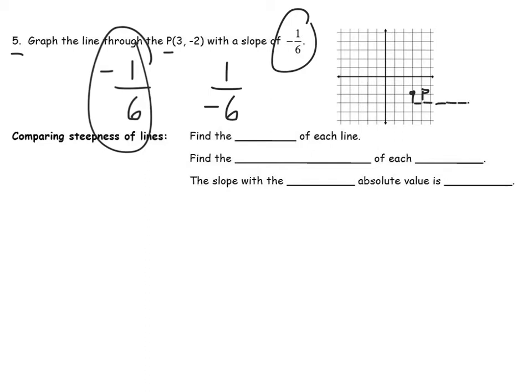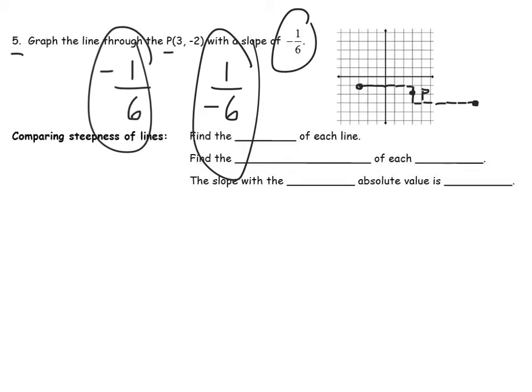Well, I'm kind of going off the graph here. It looks like that's where my next point's going to be, but I'm not really positive. So let's take a look at the other way that I wrote the slope. So now the 1 would be positive, which means you would rise 1, and the run is going to be negative, so you're going left 6 instead.